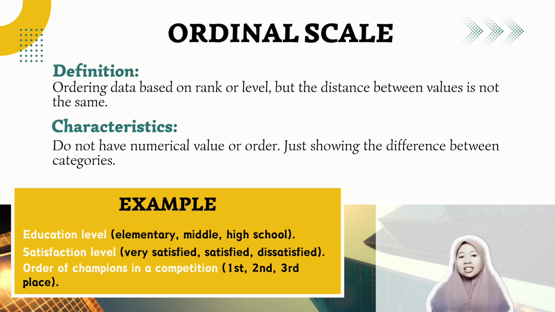Another example is education levels: elementary, middle school, and high school. We know that high school is higher than middle school, and middle school is higher than elementary school. But we cannot say the exact distance between the levels.